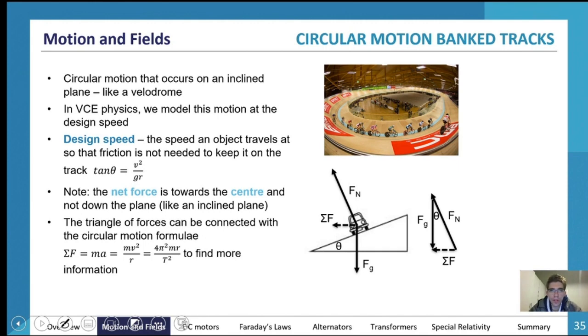The net force is towards the center and not down the plane. The triangle of forces can be connected with the circular motion formula, mv squared on r. The most important thing here is to remember to draw the net force acting towards the center.